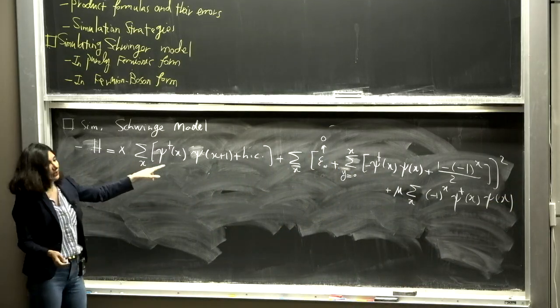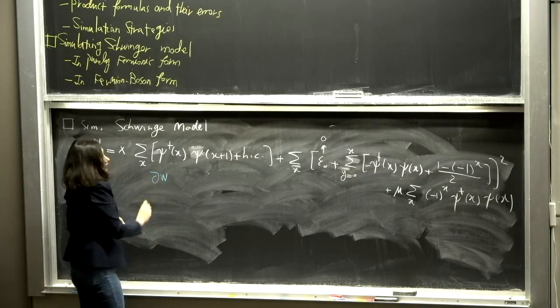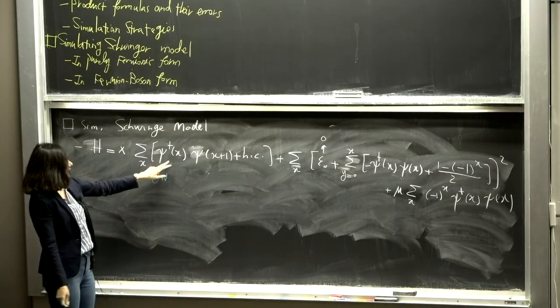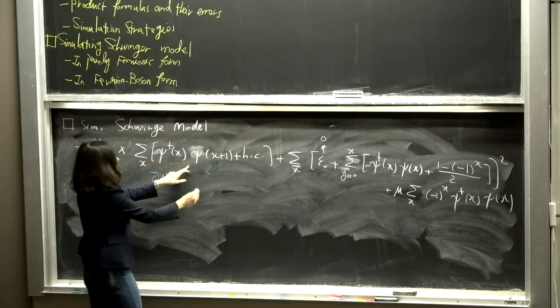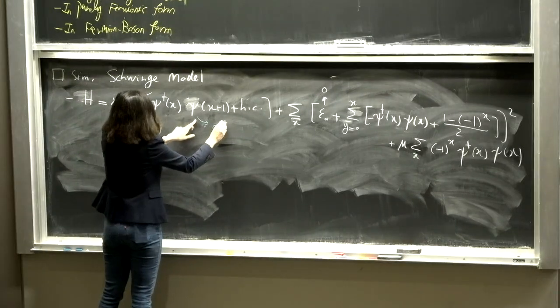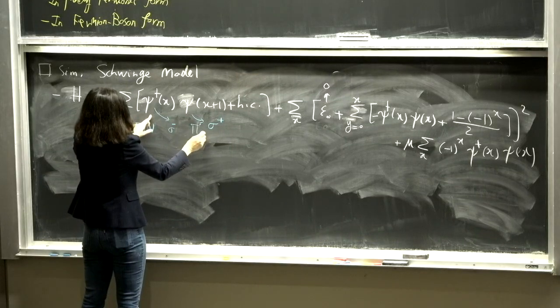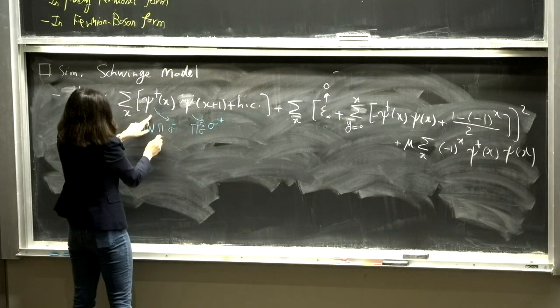So we have to first encode the fermions. And I'm going to use the Jordan-Wigner. And if you do the Jordan-Wigner, you suddenly realize that you have to replace this with a sigma plus, and this one with a sigma minus, with a bunch of sigma z's before them.